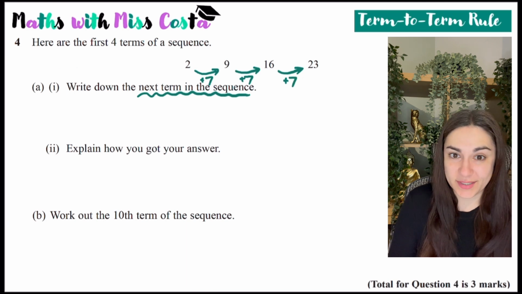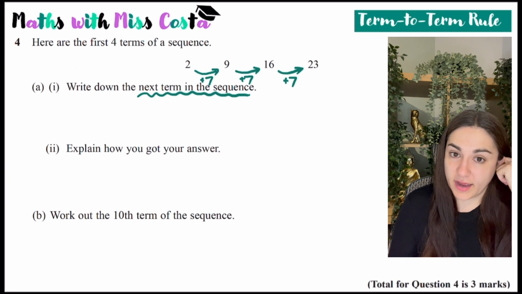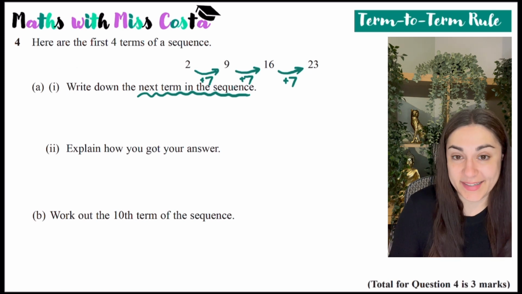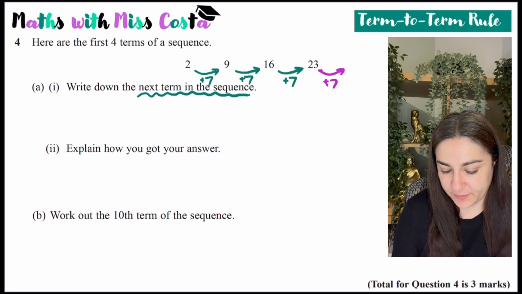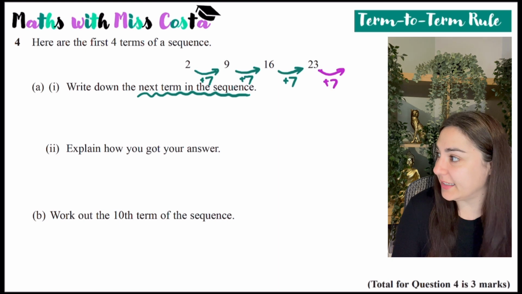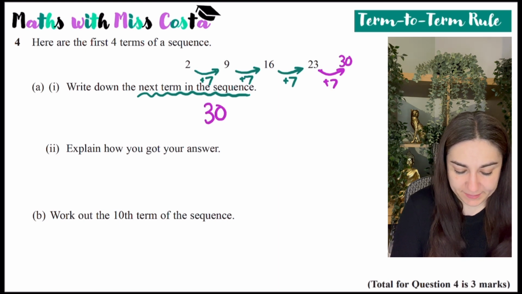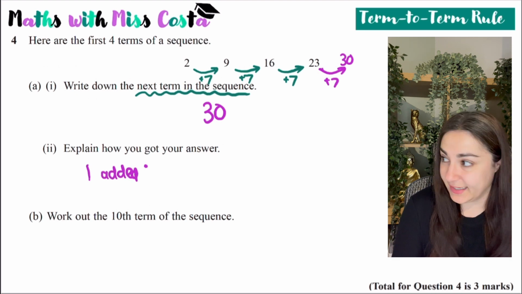Generally sequences are always going up by the same value. So in this case, the sequence is going up in the 7 times tables. To write down the next term, I would also add 7, and 23 add 7 is 30. It asks me to explain how I got my answer. I added 7.